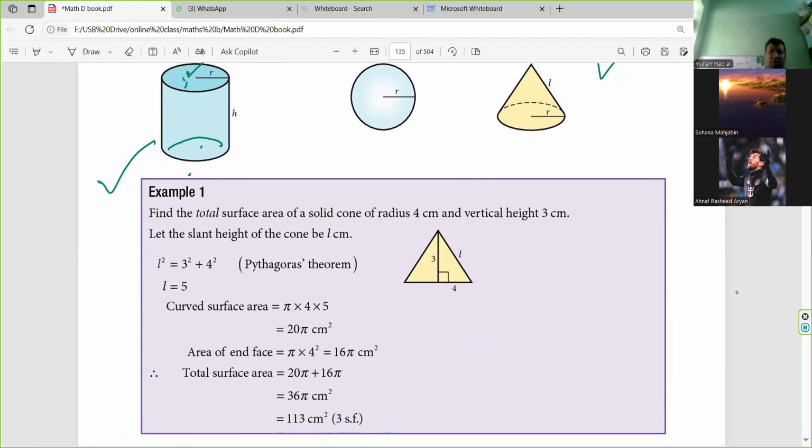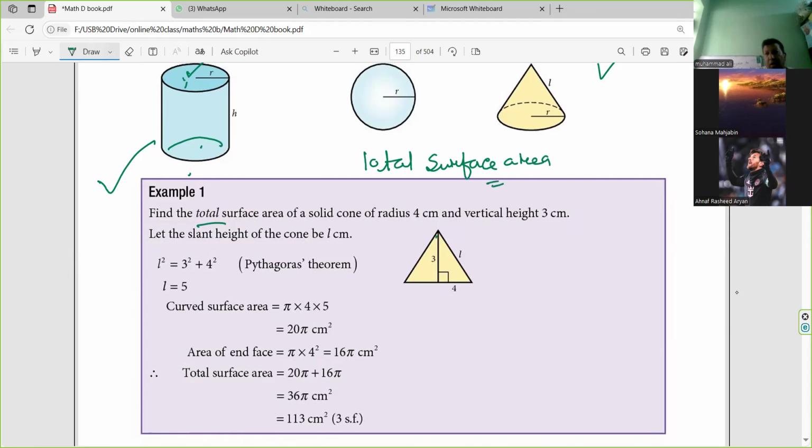Find the total surface area of a solid cone with radius 4 centimeter and vertical height 3 centimeter. So vertical height is given, and they want the total surface area. So at first, what is the total surface area formula of a cone? Pi rl, this is the curved surface area, plus pi r square.